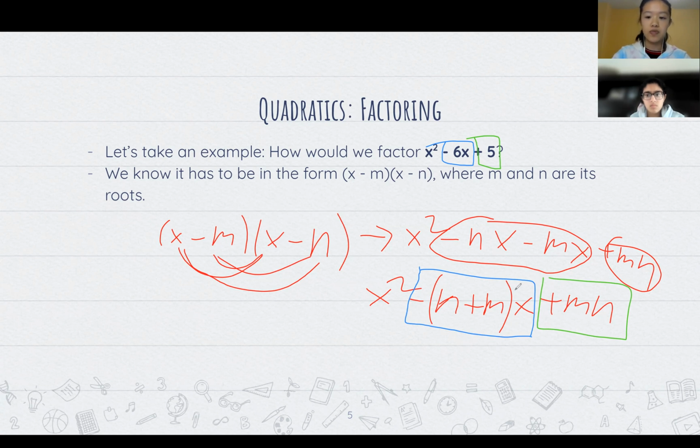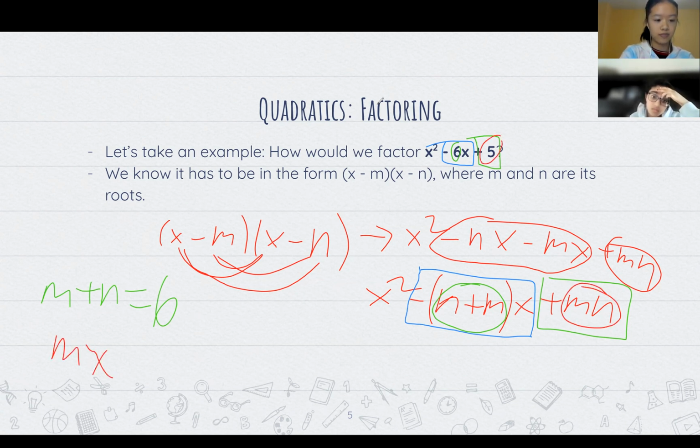Because we're looking for the values of the variables m and n, since that will give us this factored form. This gives us two clues on what m and n are. For one, this part corresponds to this part, so we know that m plus n must equal 6. And m times n should equal 5.